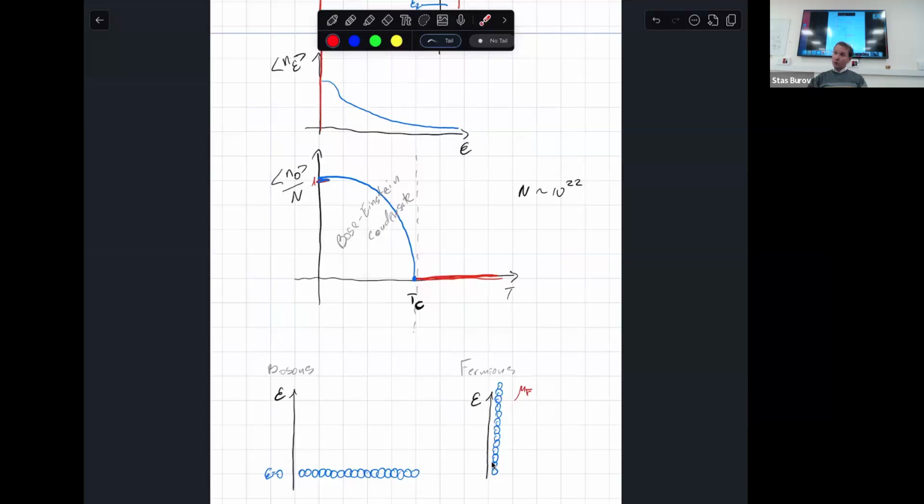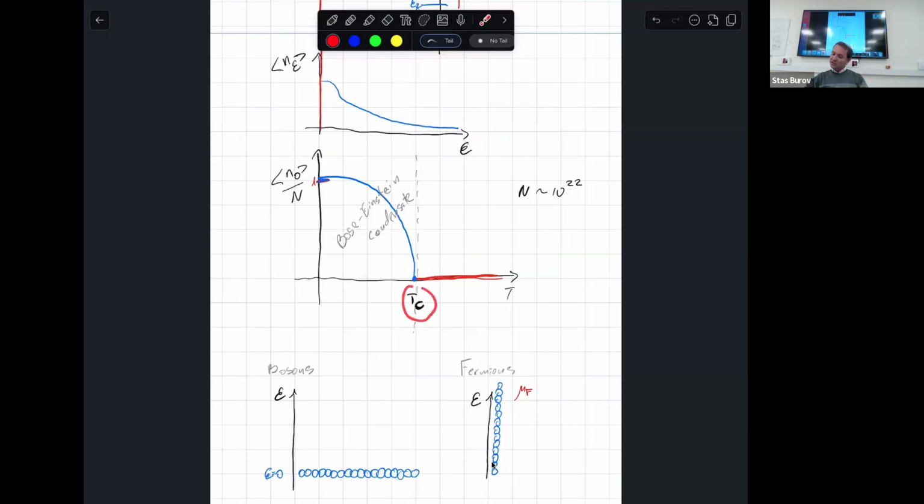When you take something not large and divide it by a huge number, we can say it's 0. So it's limited to something on the order of 10 to the minus 22. It's an extremely small number. It's not 0. This ratio is on the order of 10 to the minus 22. It's extremely small. You don't care about it.